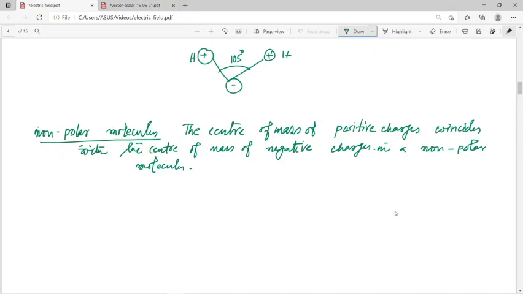Okay, so the next thing we should know is when an electric dipole is placed in an external uniform electric field.